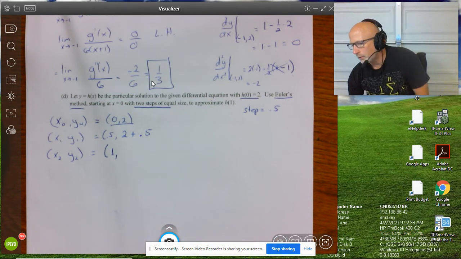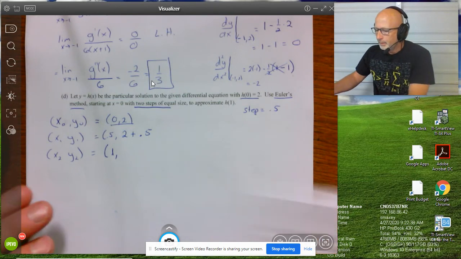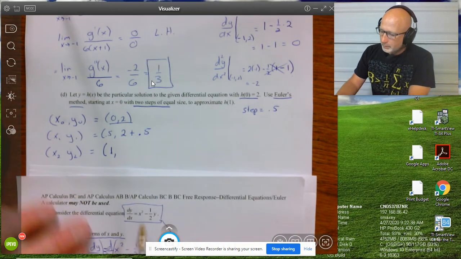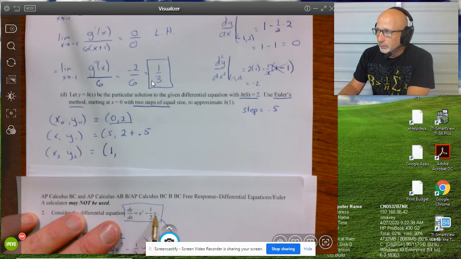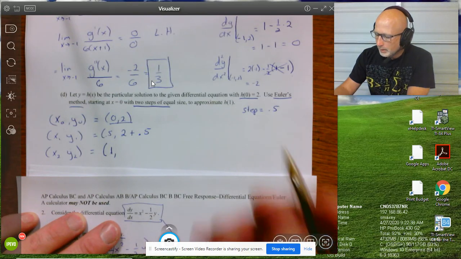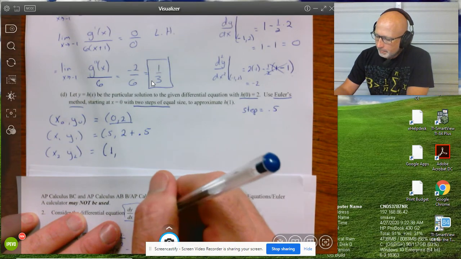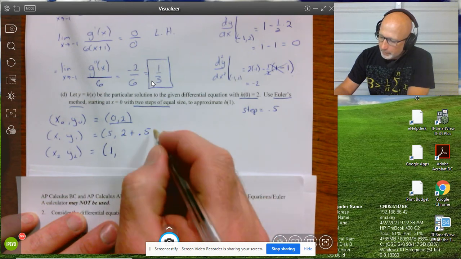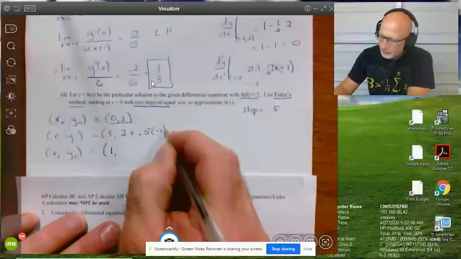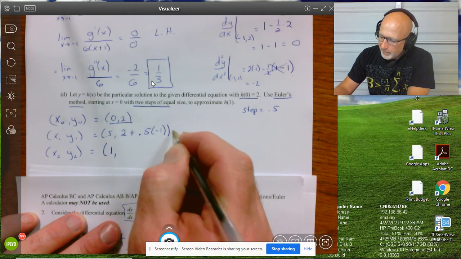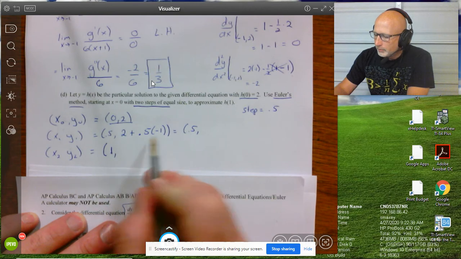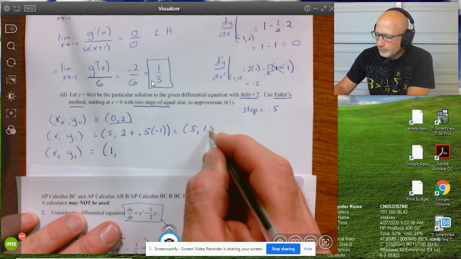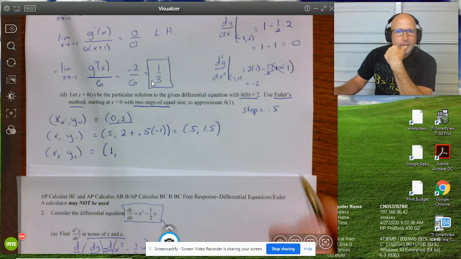So where's the derivative? Going back to the derivative all the way over here, you plug (0, 2) into this equation, you get 0 minus 1/2 times 2, so that's 1. So 0 minus 1 gives you negative 1. So this would be times negative 1. Then you evaluate this, and you're going to get (0.5, 2 minus 1/2), which gives you 1.5.